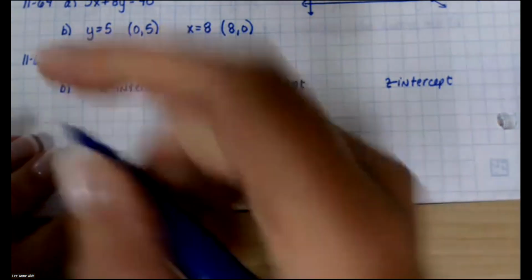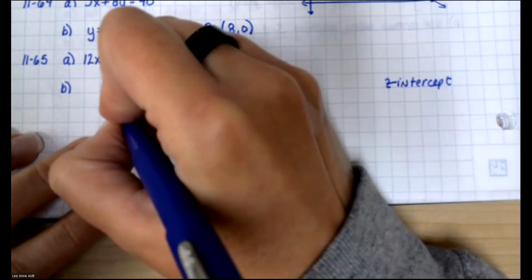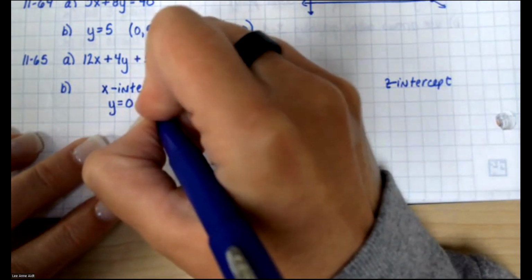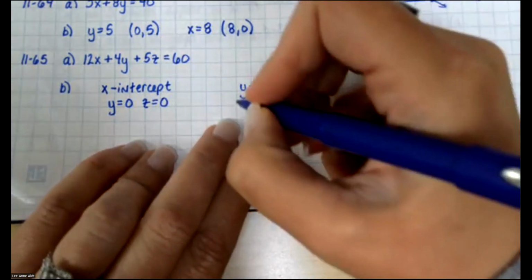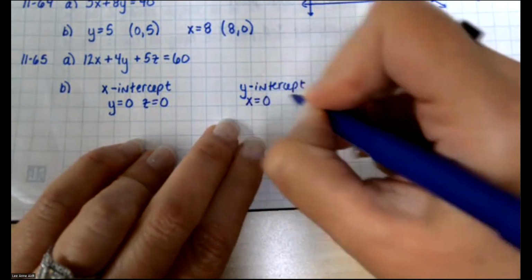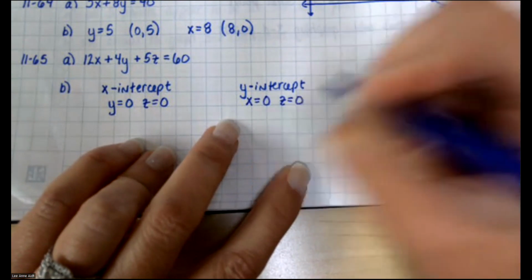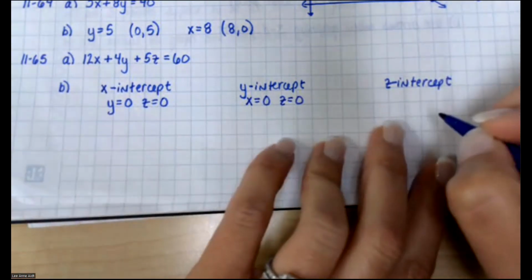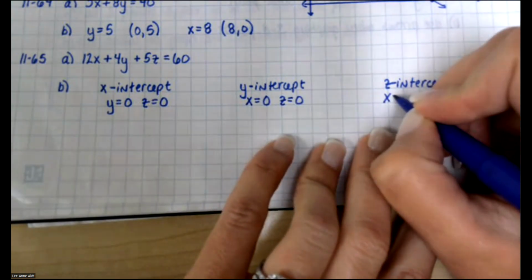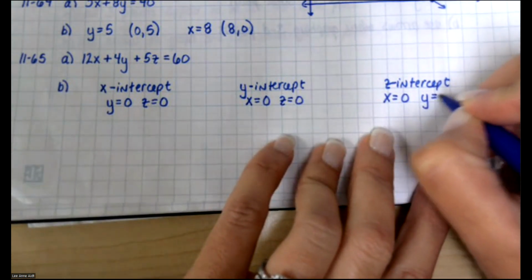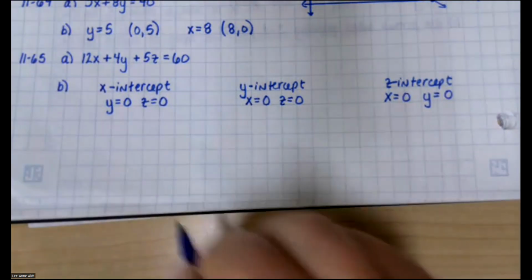For the x-intercept, y equals 0 and z equals 0. For the y-intercept, x equals 0 and z equals 0. And for the z-intercept, x equals 0 and y equals 0.